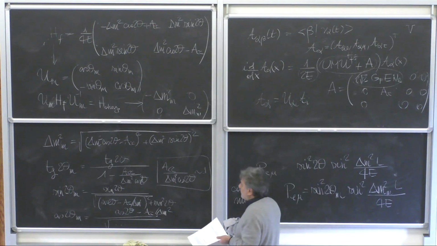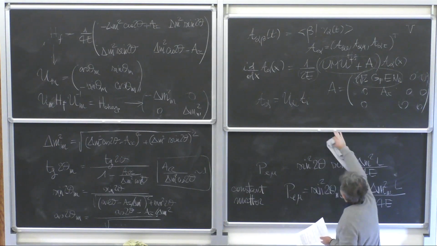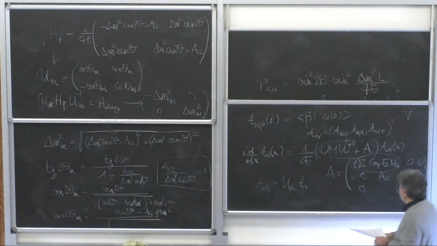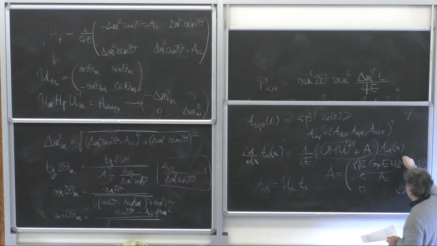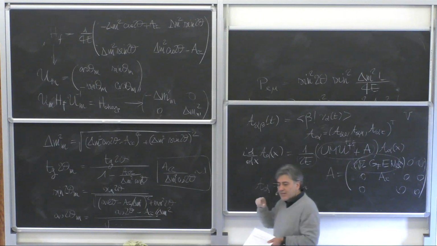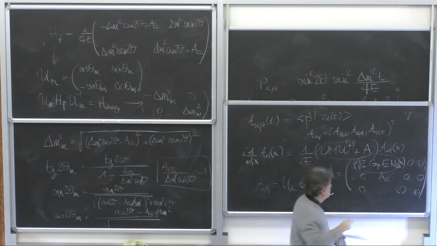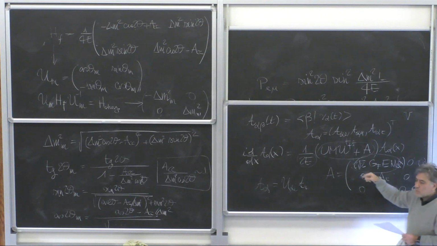Okay, now up here, what can we do? We can put an x here. So what if we consider a varying matter profile? So the electron density changes in the neutrino propagation.